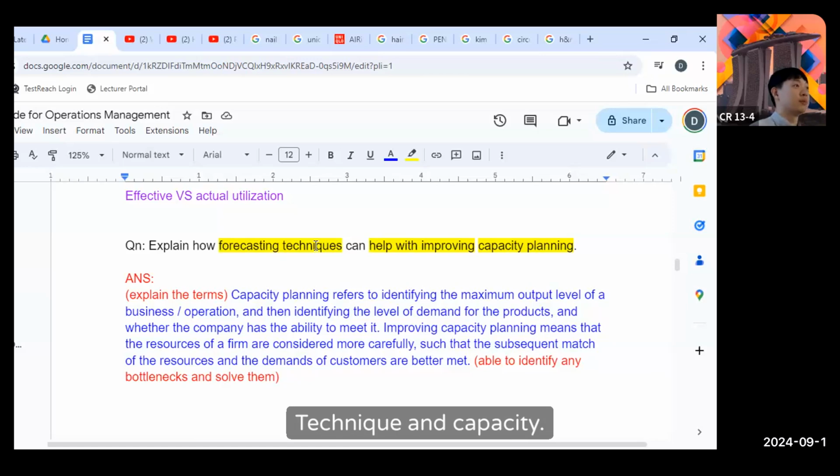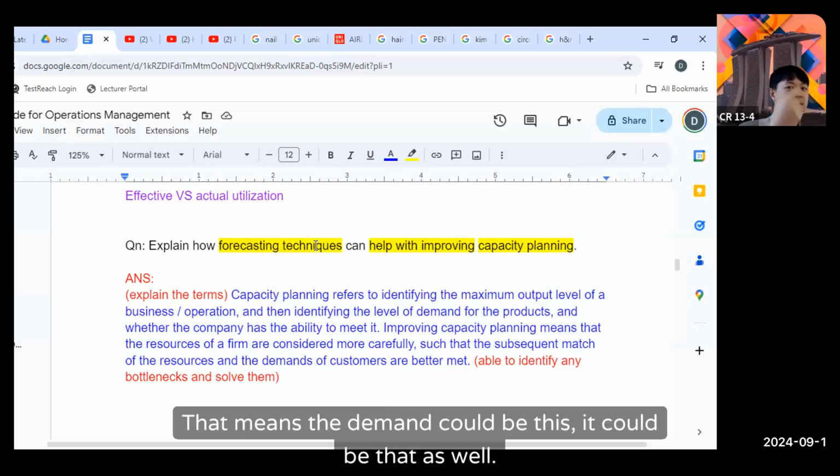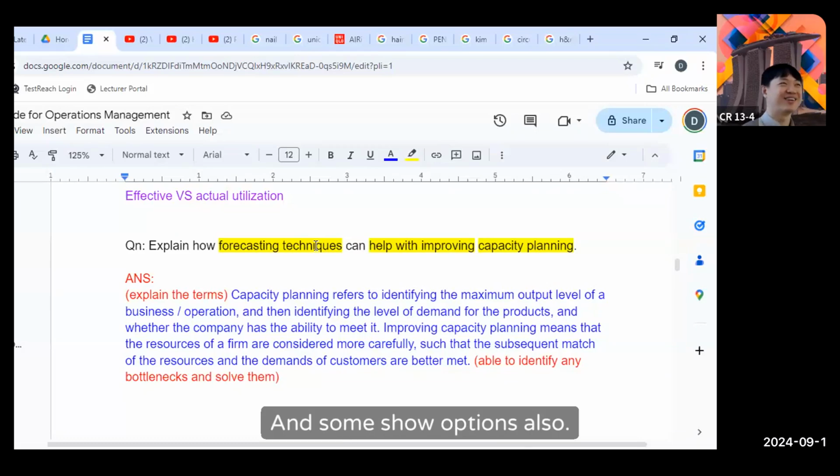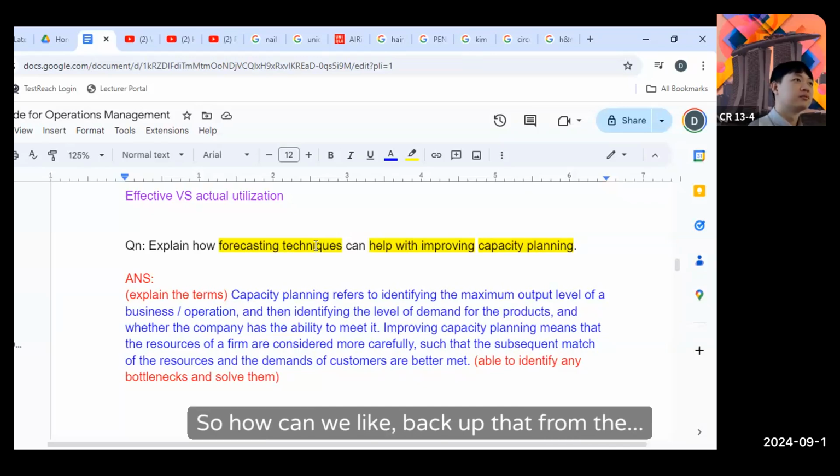That means you have different scenarios, where the demand could be this, or it could be that as well. When it comes to opportunity cost, if we select one, the other is gone. So how can we prepare a backup plan from that?